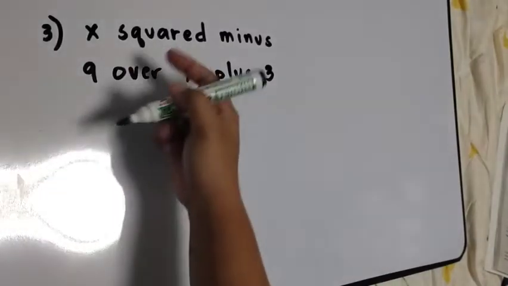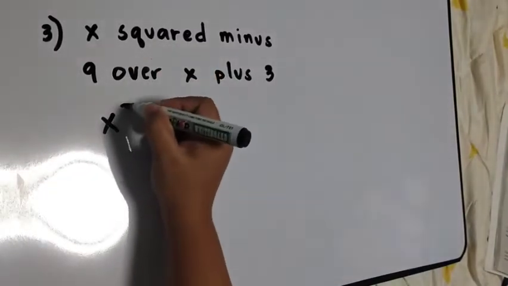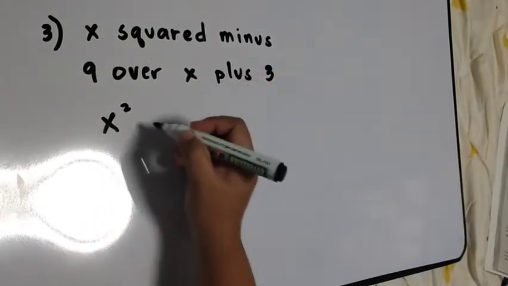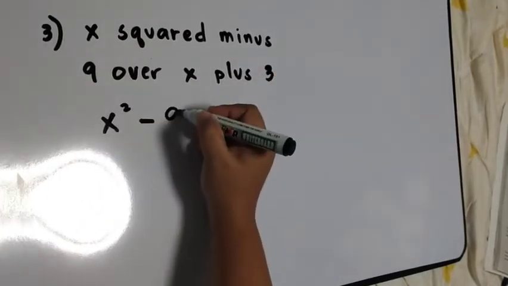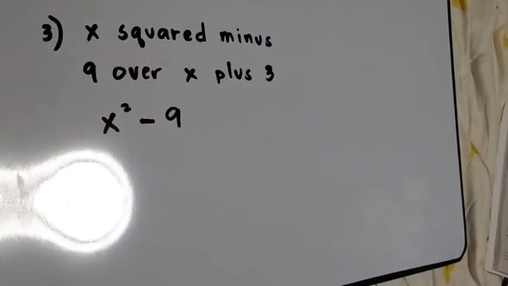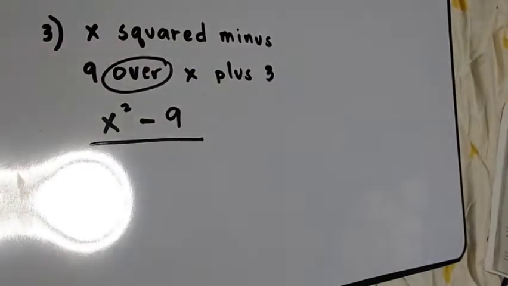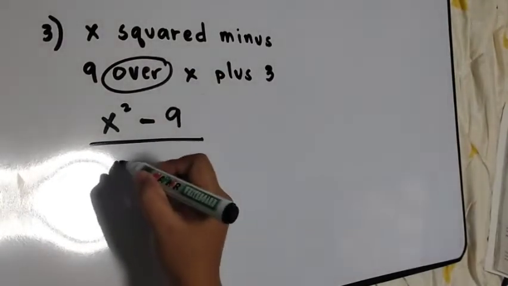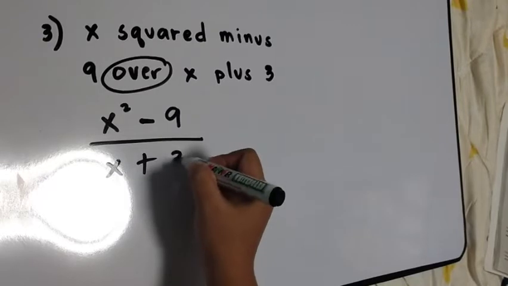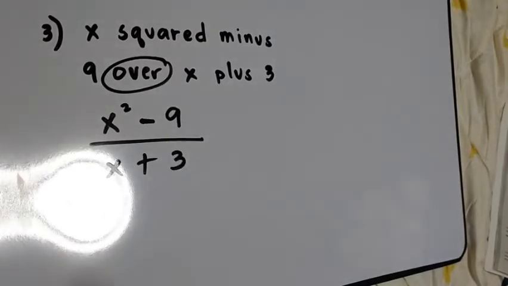So, x squared, so that is x raised to 2, x squared, minus 9 over, meaning to say, we're going to have a fraction, okay, or rational expression. Kasi yung over also means divide, right? So, over x plus 3. So, x plus 3. So, this is our mathematical expression.